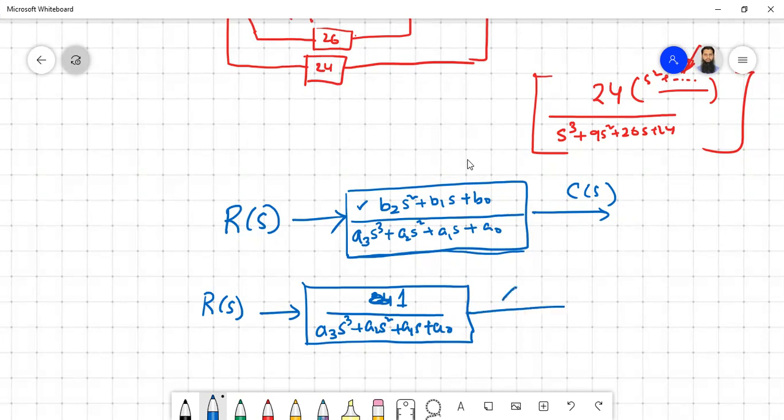We know the output of this one is your first state variable, and the other two state variables, x2 and x3, are internal to these blocks. And then the numerator will be dealt with separately: B2 s squared plus B1 s plus B0, and then finally we'll have your output.